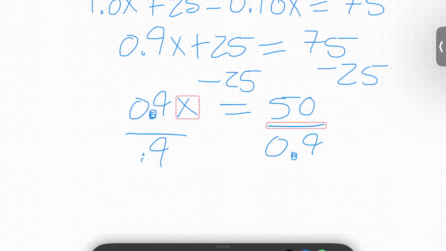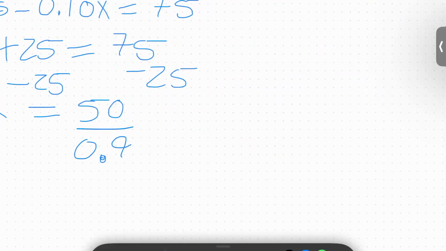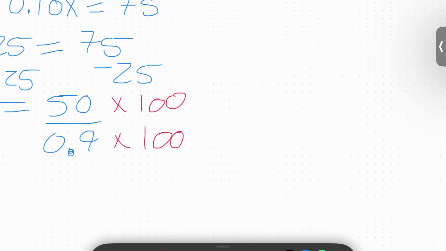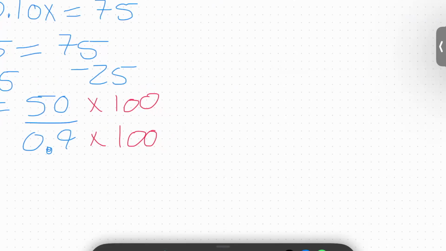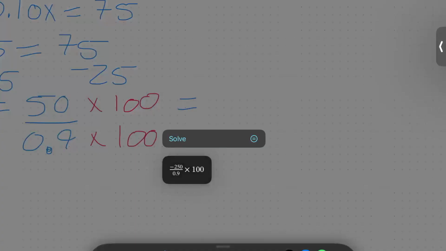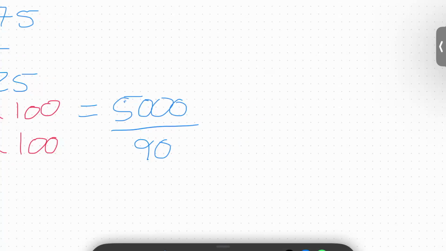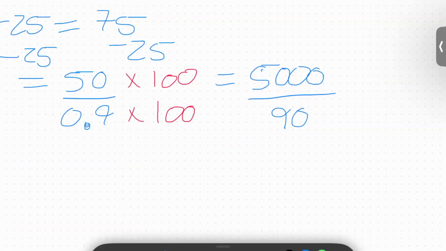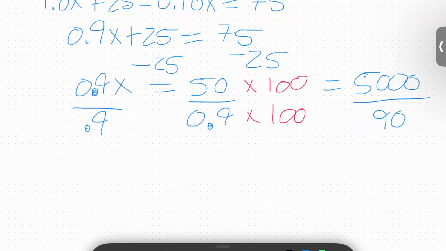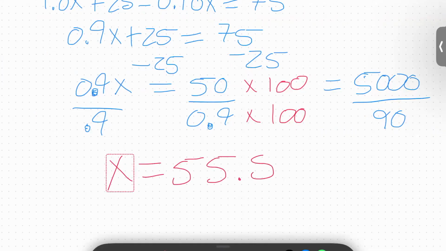This is another weird ending, right? This is going to end us up with a weird number. So what we're going to do is multiply this by 100. And that's going to equal 5,000 over 90. 5,000 divided by 90 is a decimal. So x equals 55.56.